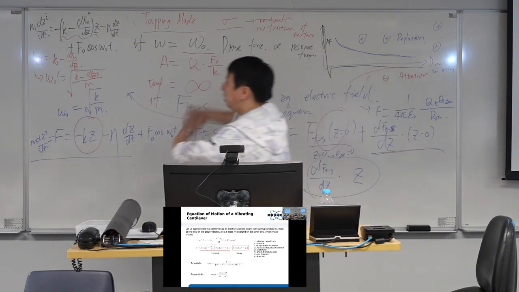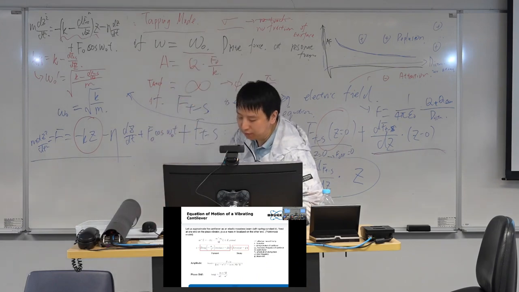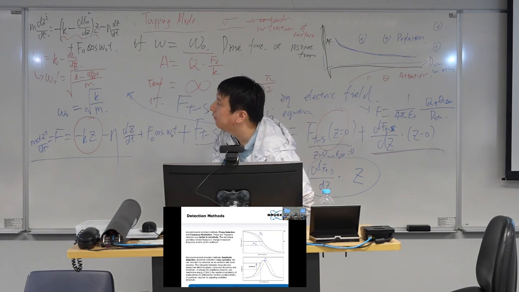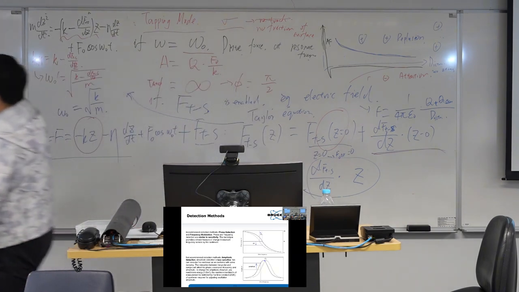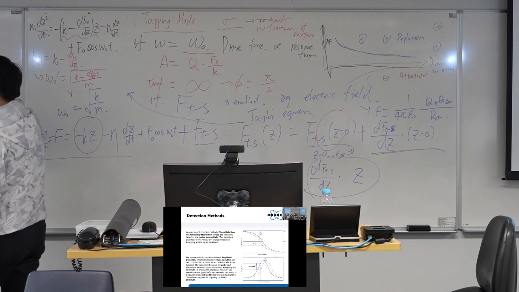So our mathematical calculations just gave a brief result: if we drive our probe at the resonance frequency, the amplitude and the phase will follow the black lines, right?